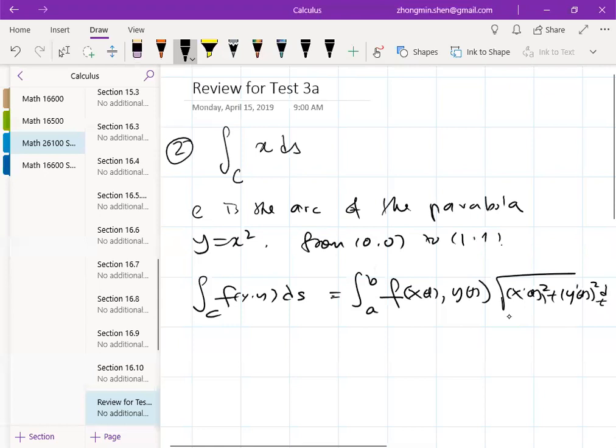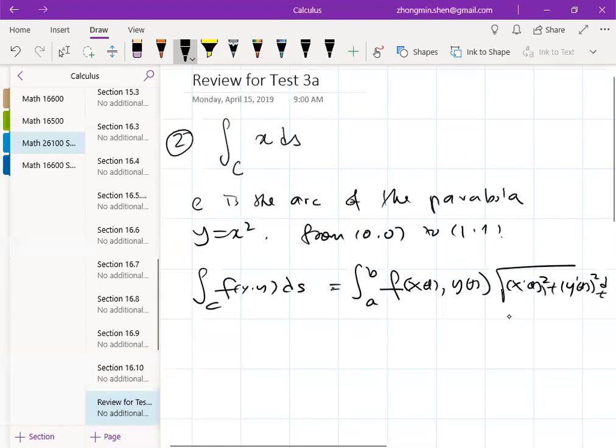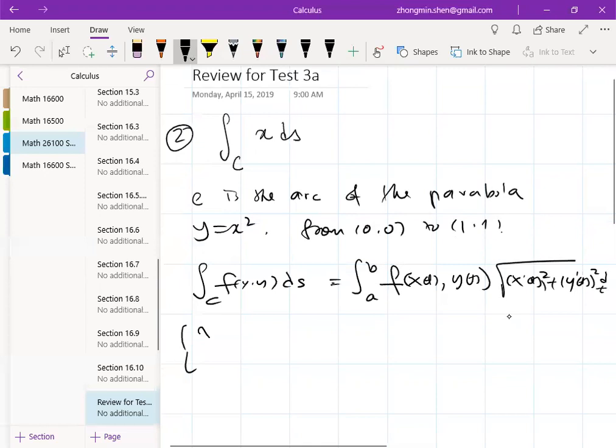All right, so you have to find the parameterization. The most natural parameterization for the parabola is x is t, y equals t squared, with t between 0 and 1.